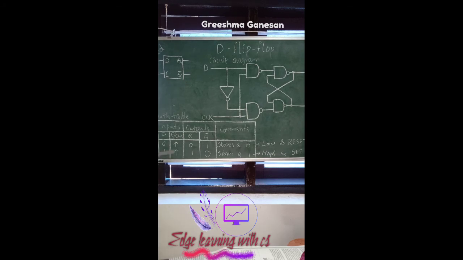So we have only these two state changes here. When the data is high, Q is set to 1, and Q is reset to 0 if the data is low.